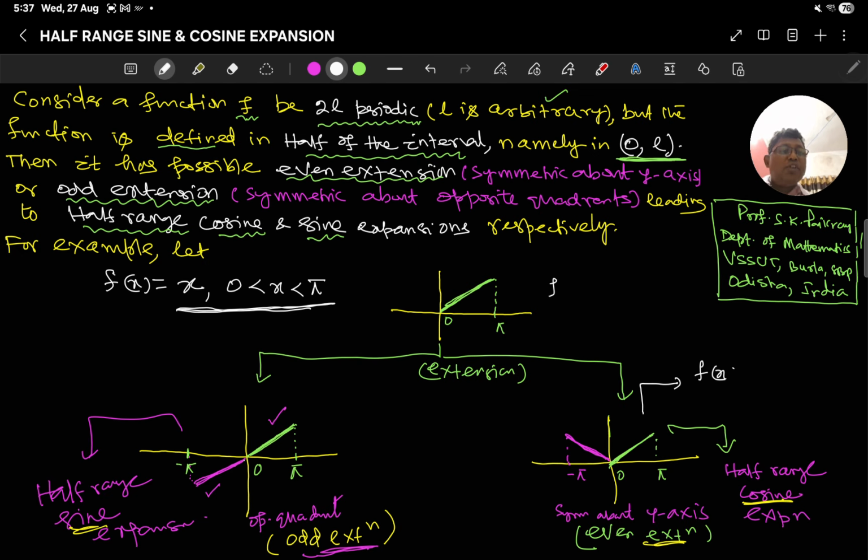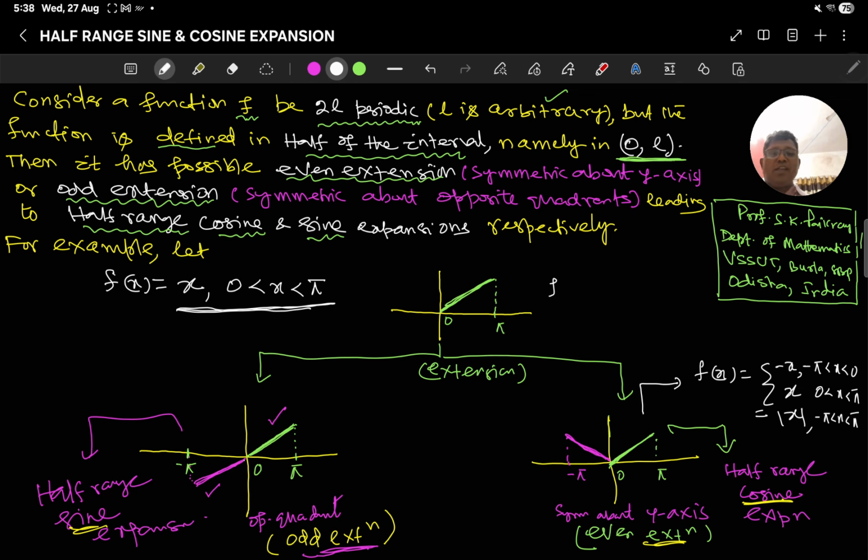My given function is f(x) equal to x in half of the interval. Now what is the extended function? When minus pi less than x less than 0 it is minus x, and given 0 less than x less than pi it is x. In general it is modulus of x from minus pi less than x less than pi.